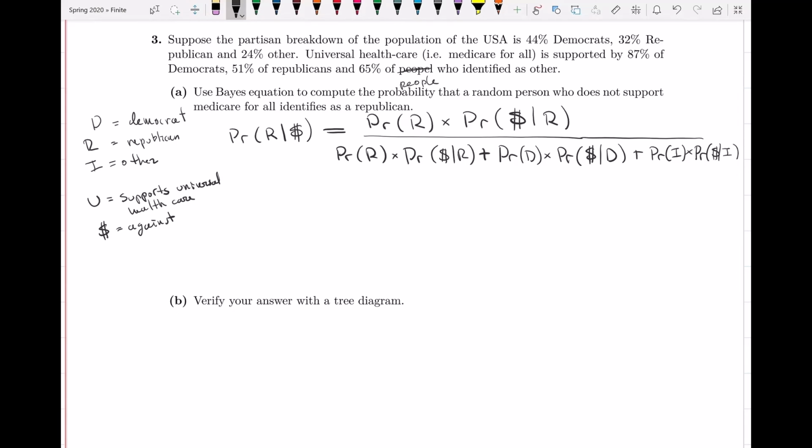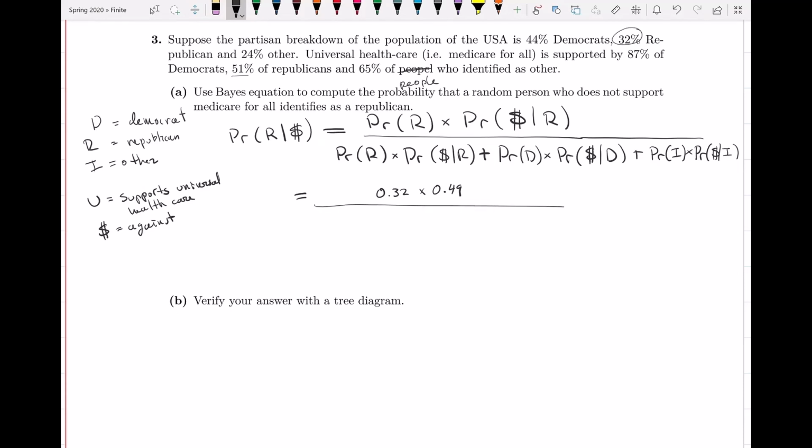Okay, so now we just plug in all these numbers we have. The probability that somebody's a Republican is 32%, so this is 0.32 times, and according to this survey anyway, 51% of Republicans support universal health care, so that would mean 0.49 of them don't.